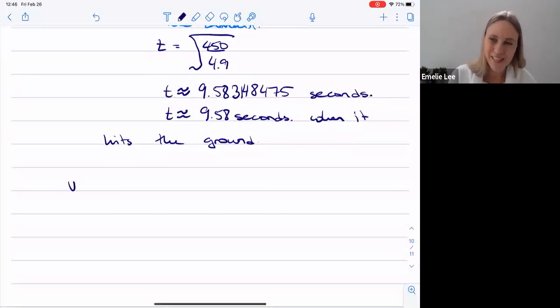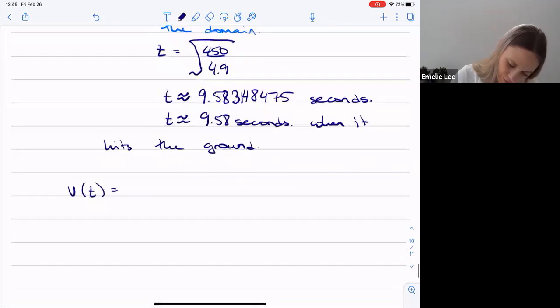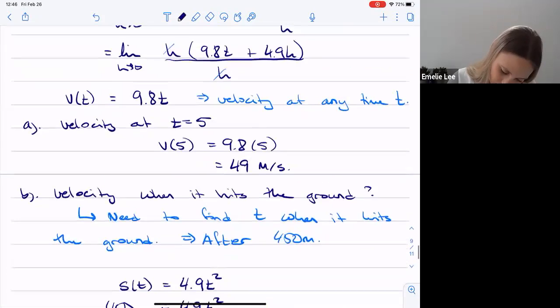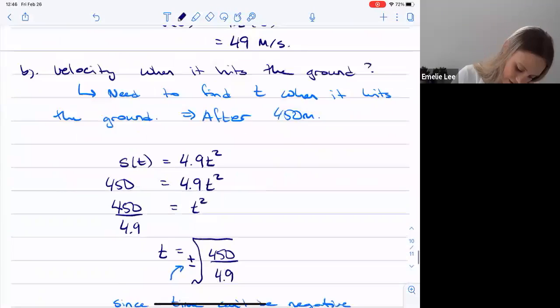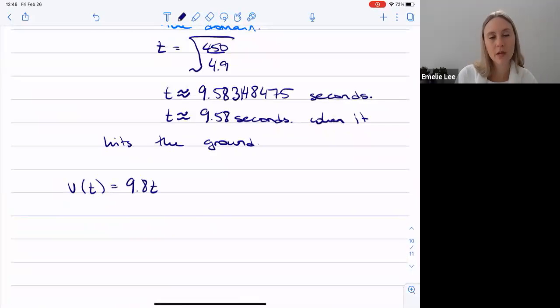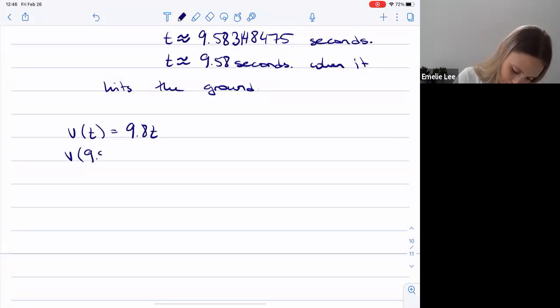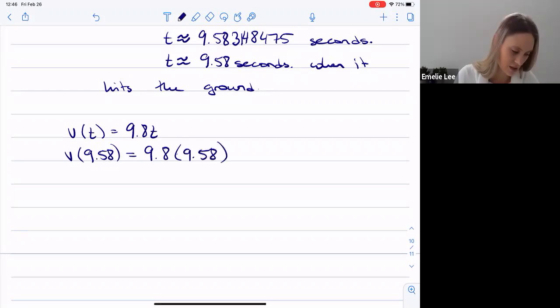Well, if I know the time and I have the velocity function, right? So v of t was 4.9 t, I want to say. Sorry, 9.8 t. Well, should know that. So then the velocity at 9.58, which is when it hits the ground, is 9.8 times 9.58, which, how come I have 4.9 here?